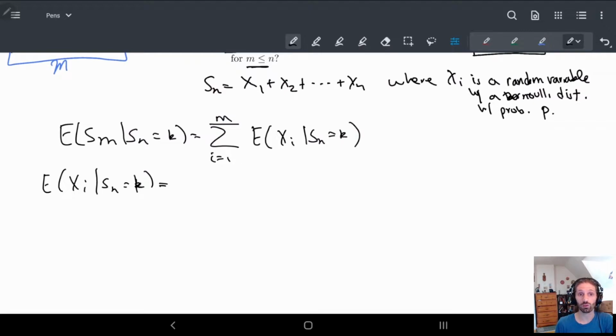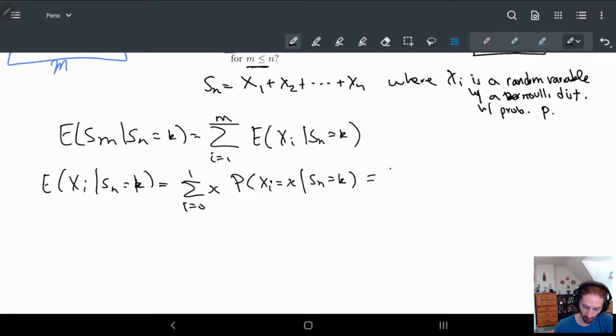This we're going to do in the same way. So if you recall, the fast way is just to look at the probability. If not, I'll do this slightly slower. I'll say this is equal to the sum over x from 0 to 1 of x times the probability that xi is equal to x given that Sn is equal to k. So here you should note that x equal to 0 gives us nothing.